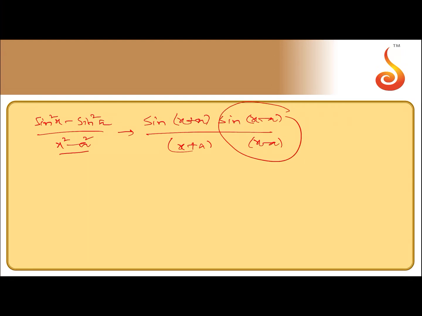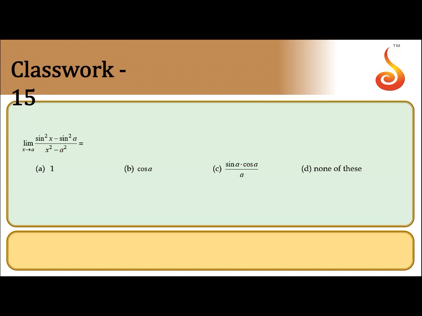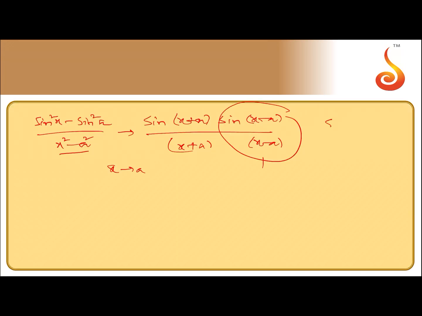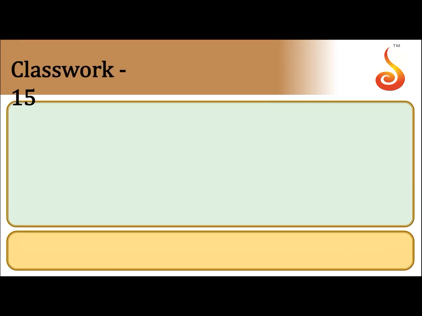Obviously, sin theta by theta, theta tends to 0 as x tends to a, this will be 1. And this will be sin 2a divided by 2a. Clearly, sin 2a can be written as 2 sin a cos a divided by 2a. 2 gets cancelled, sin a cos a divided by a. That is the answer.